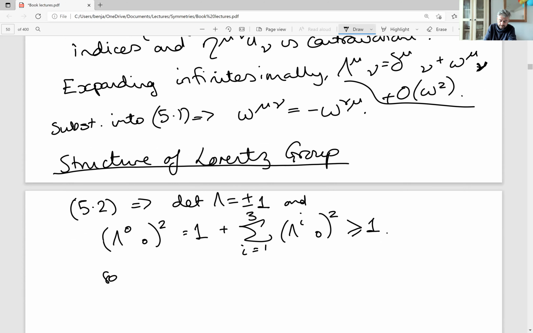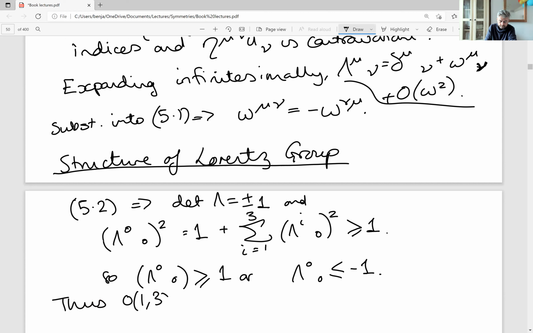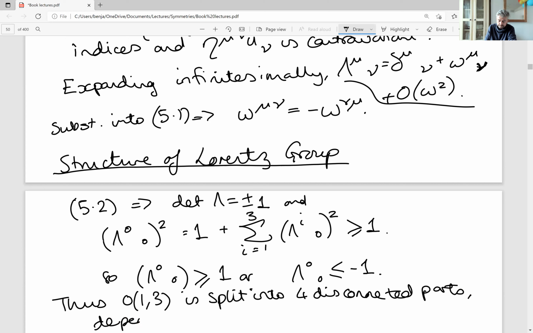So what we've proved is that lambda^0_0 is either bigger than or equal to 1, or it's less than or equal to -1. So we have two options for the sign of the determinant and two options for the sign of the 0,0th entry. That means it's split into 4 parts. They're actually disconnected parts, depending on the determinant and the sign of the 0,0th component.